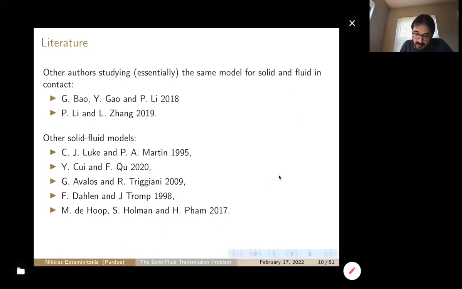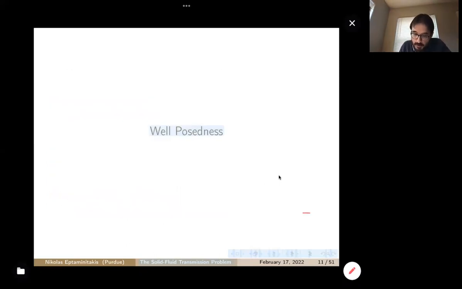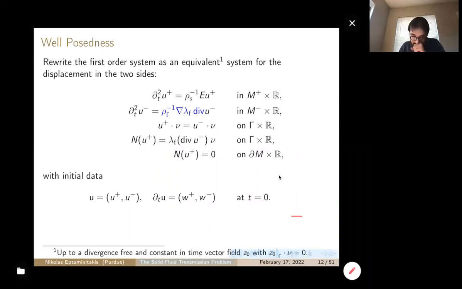Okay, so before we start studying the problem microlocally, we would first make sure that we have well-posedness, so that our equation actually has a solution. So for that, what we did is that we considered an equivalent system for the displacement in the two media. So initially we had velocity and pressure in the fluid, but now we write it as a system for displacement.